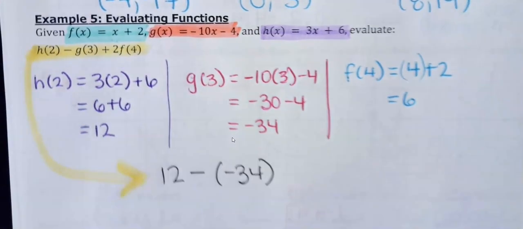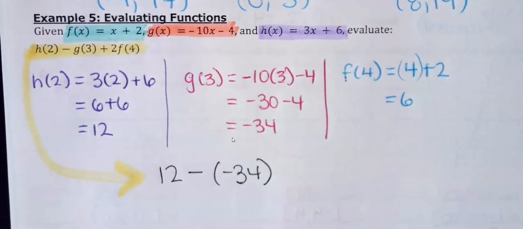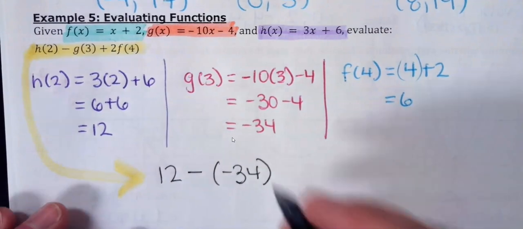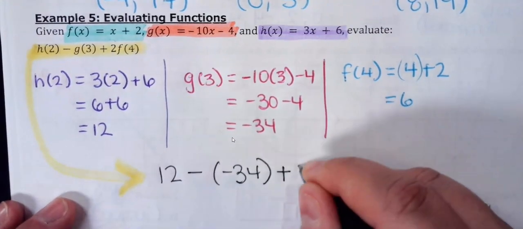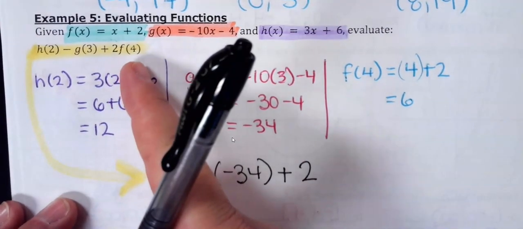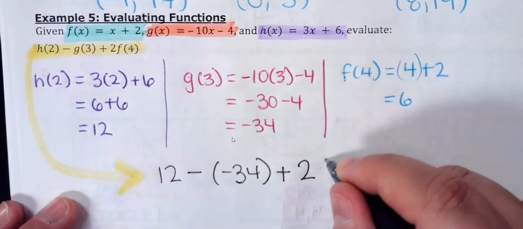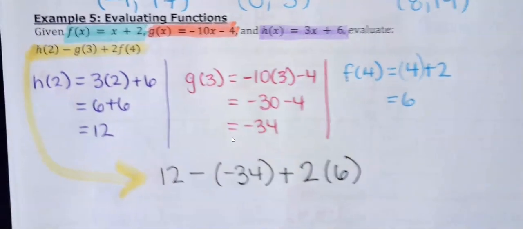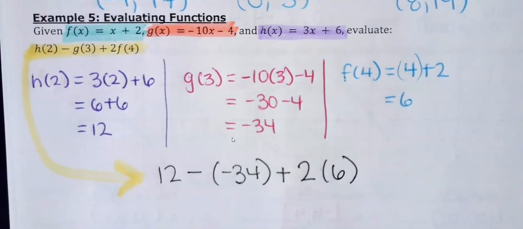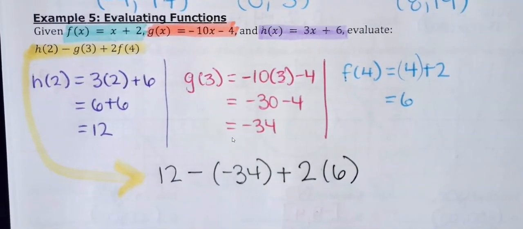So I have to plug it in like that. It's minus g of 3, so it'd be minus a negative. So that's actually going to turn into a plus in a second. And then it says plus 2 times f of 4. So I'm going to put a 2 there. f of 4 ended up being 6. We're just doing a bunch of substitution here. We're figuring out what these values are, and then we're plugging them back in place of that function notation.